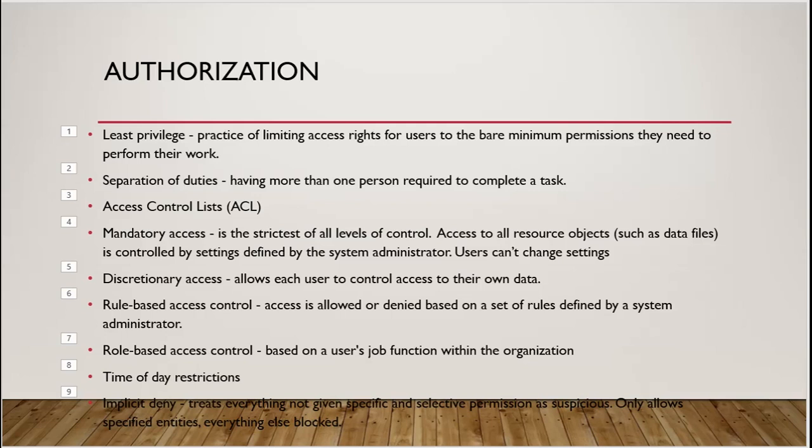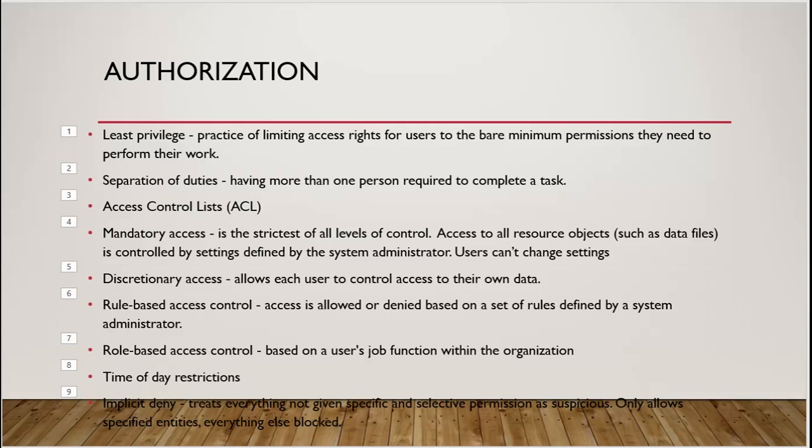Then we also have mandatory access as part of an authorization method. With mandatory access, we have a central place where a systems administrator defines all the settings for the various people in the organization. For example, it could be a hierarchical approach where, based on whether you're a manager, a systems administrator or a project manager, based on your role, you can only have these permissions, no matter what file, system, or document you're trying to read or manipulate.